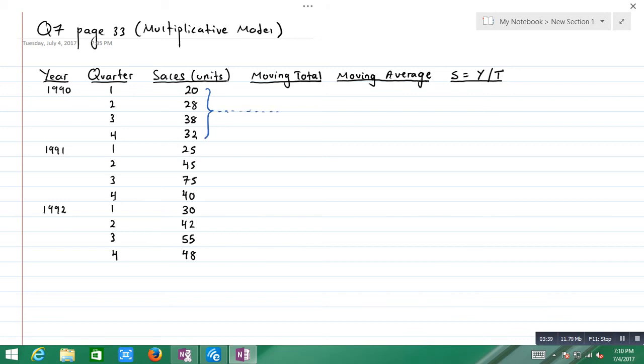Check, is that right? Then for the moving average, what should you do? You divide by 8.